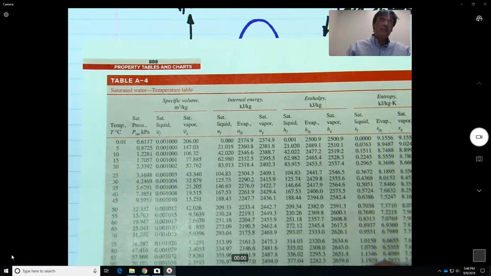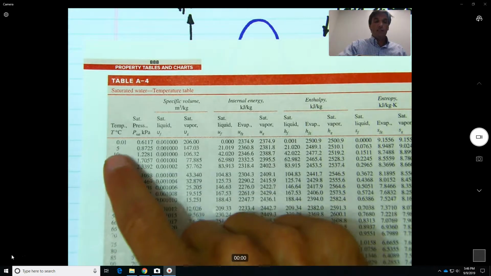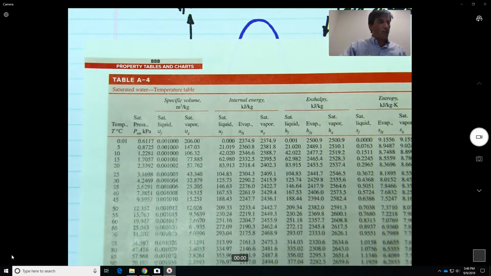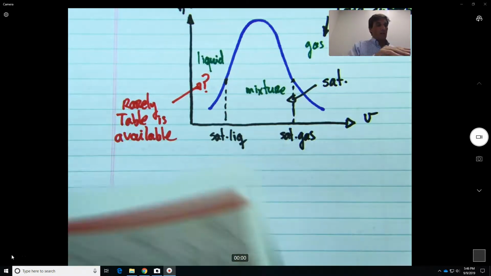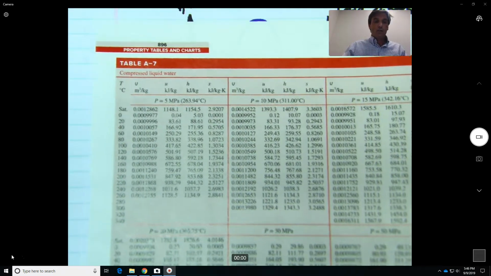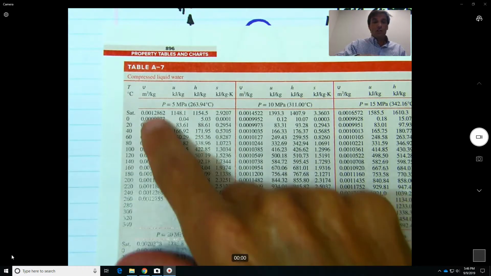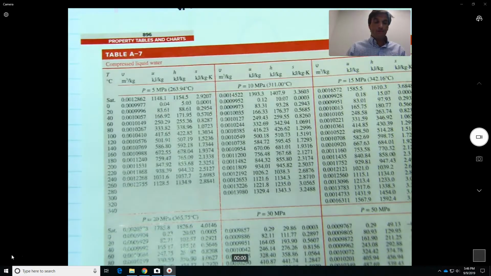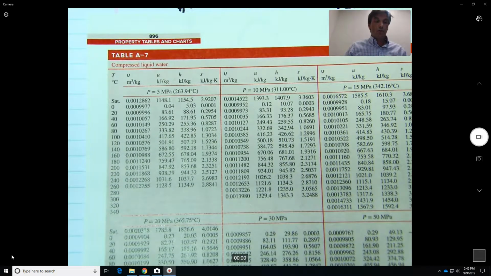You see the saturated water table, and you have basically temperature, pressure. So this is the saturated, will correspond to this table over here. You also have the superheated, but you will have compressed liquid, where basically you have here the temperature, specific volume, and so on.